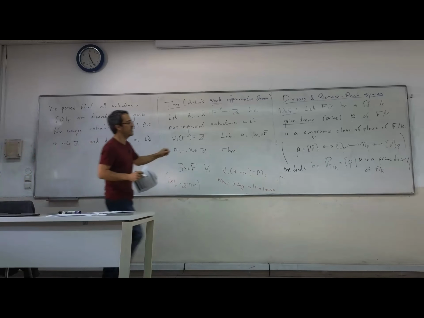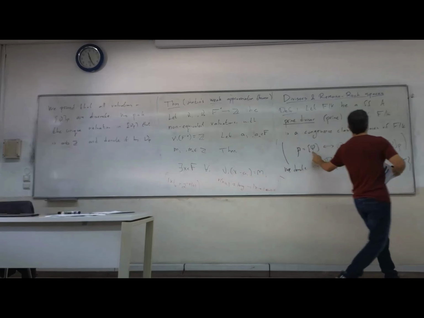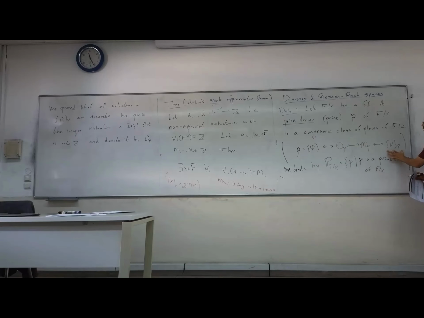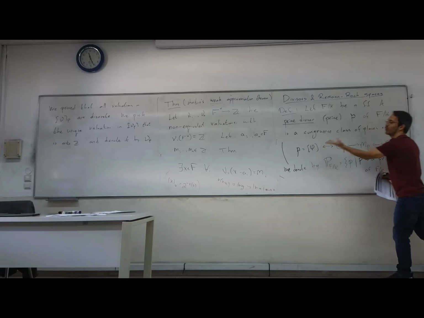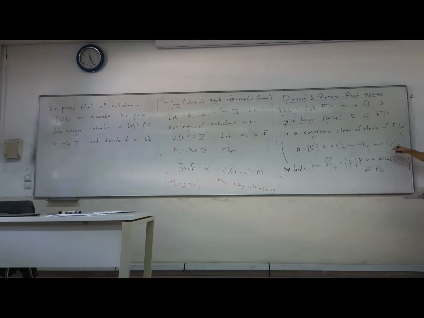What I'm saying is that if you fix a place and look at the congruence classes of valuations that correspond to it, or if you fix a maximal ideal or valuation ring, then, as we proved, these are all going to be discrete because it's a function field.